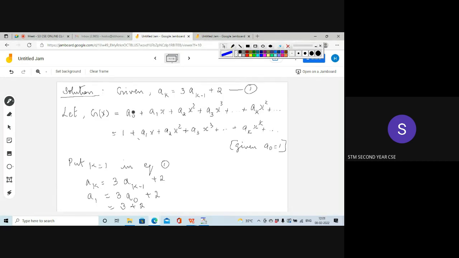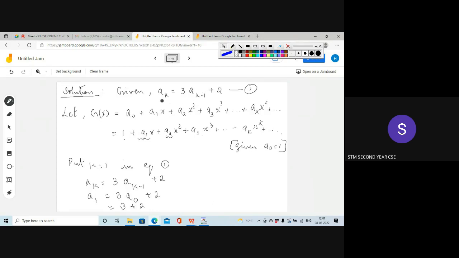So whatever is given in the question, you can substitute directly in this equation. Others, you don't find any values. If you are given a0, you can substitute it directly in the generating function. Then the rest of the terms you write as such. For the next terms a1, a2, a3, etc., we can substitute these values from the given equation.